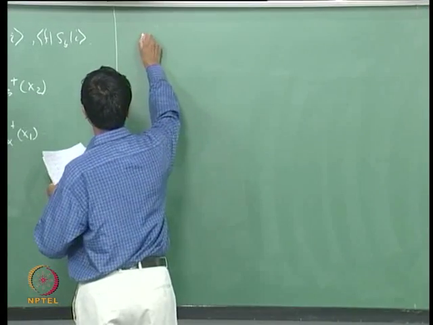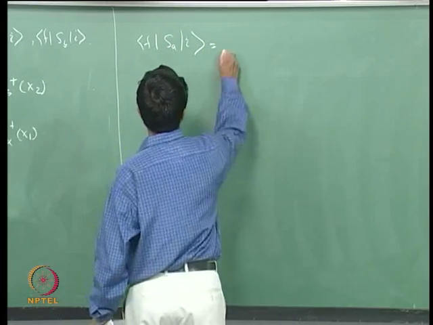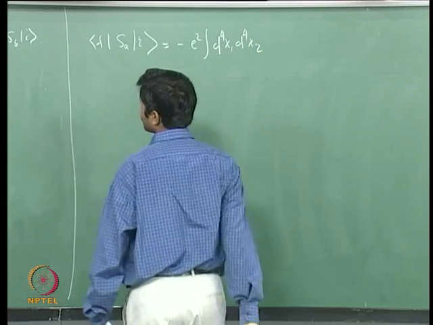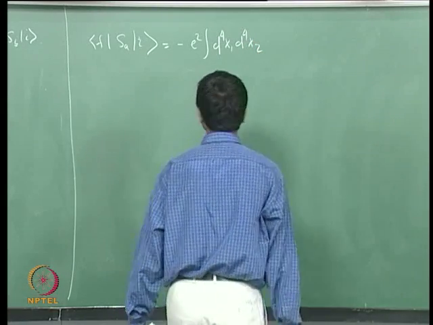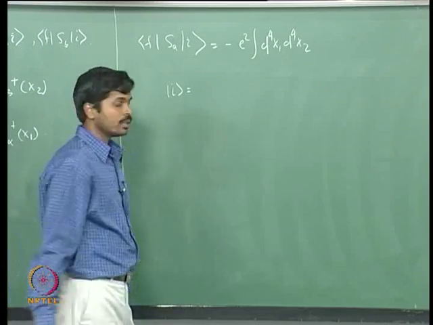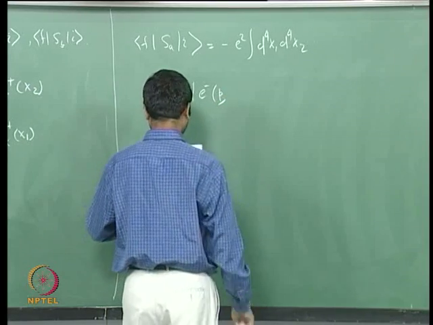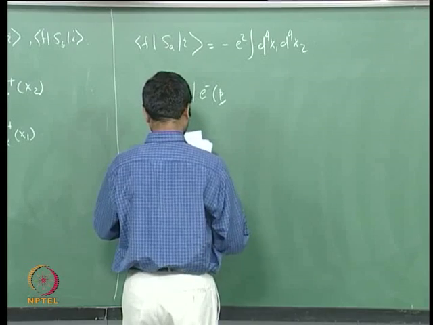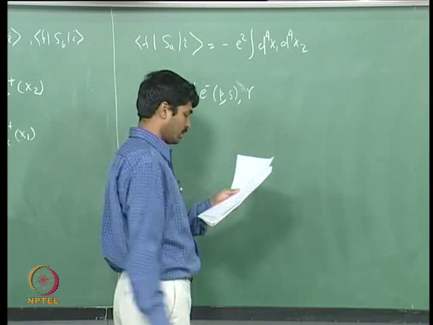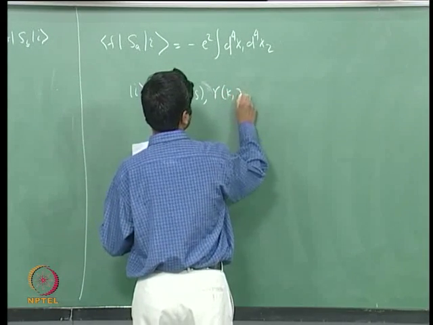So, I will write ⟨F|S_A|I⟩, this is minus e² ∫ d⁴x₁ d⁴x₂, and then this initial state I again has some electron of momentum p, and polarization I will call this s, and it has a photon of momentum k and polarization λ.